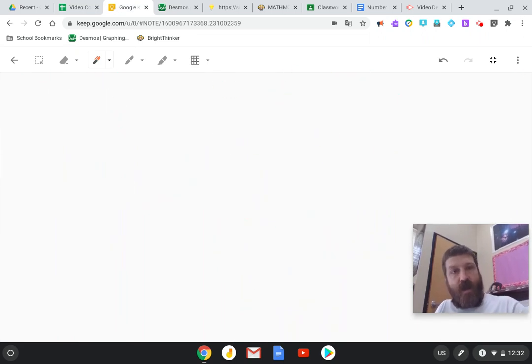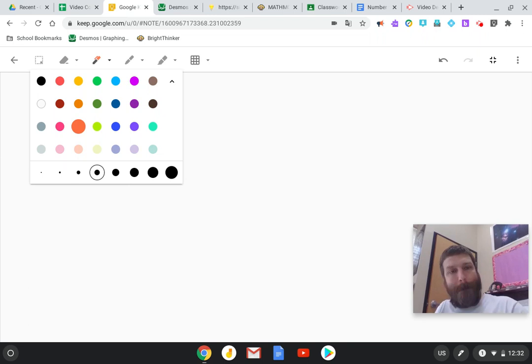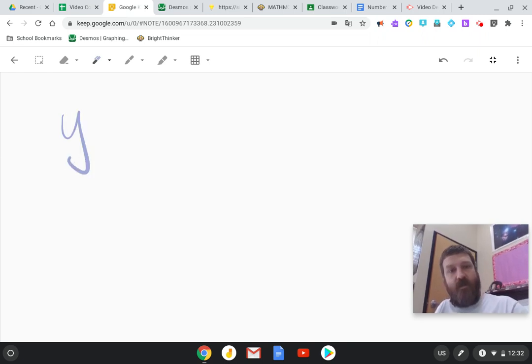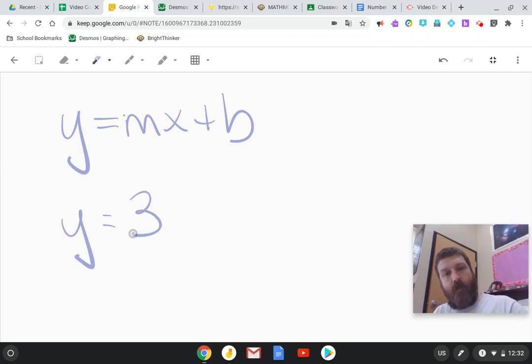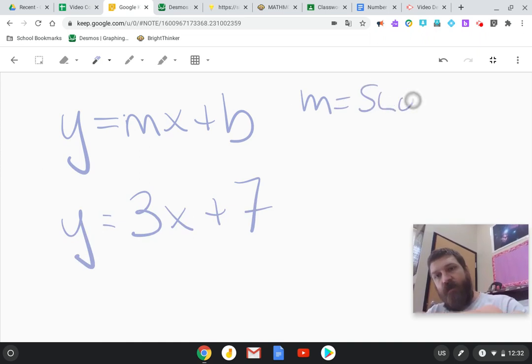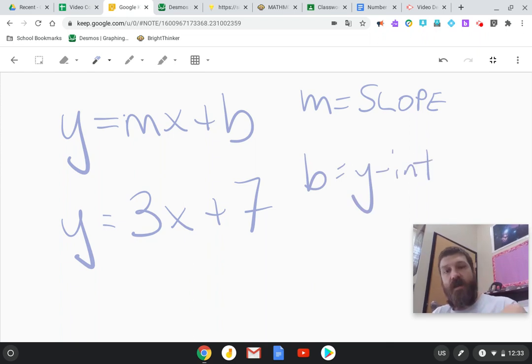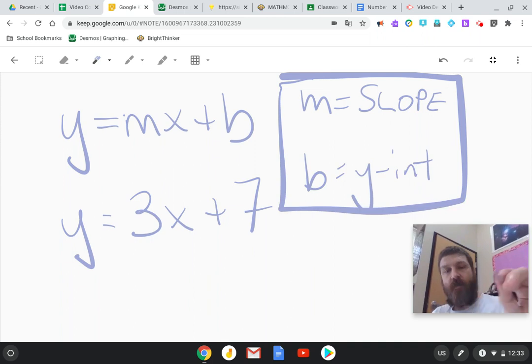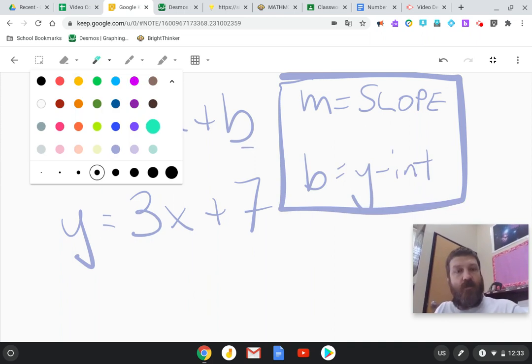The first thing it means is that if I have an equation that is in this form, we call it the y equals mx plus b form, then the m is the number that represents the slope, and the b is the number that represents the y-intercept. There is not a number in that equation that represents the x-intercept, but these numbers represent those values.